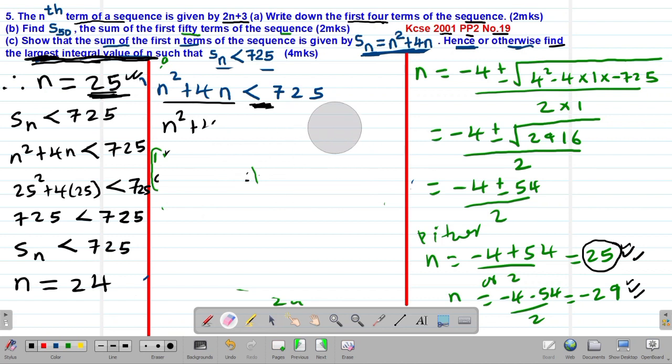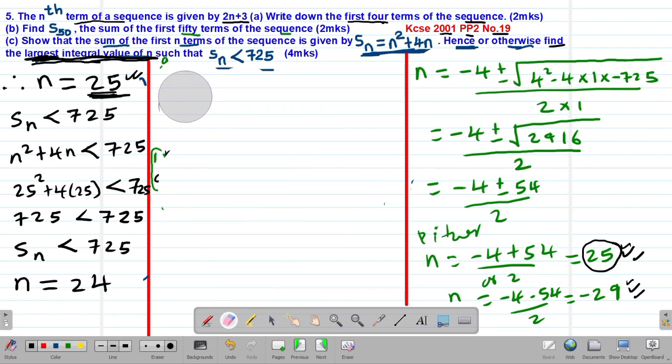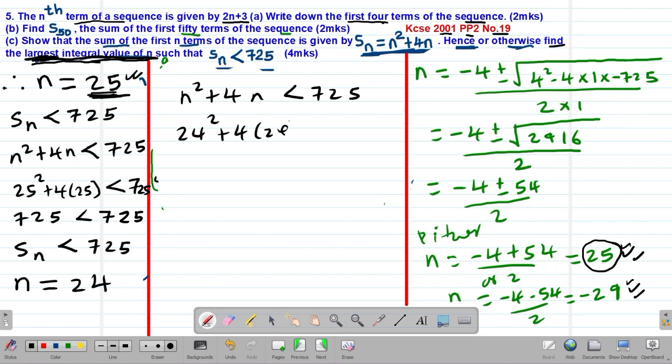So let's try to just prove this and see whether what we are picking at 24, is it actually a true value. So remember, we had n squared plus 4n is less than 725. So if we work with n being 24, we'll have 24 squared, then plus 4 into 24 being less than 725. Let's see whether this one is true.